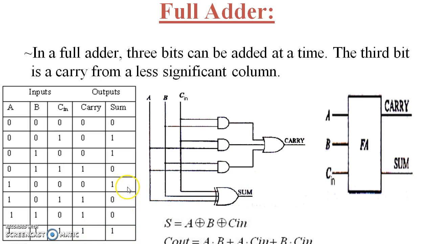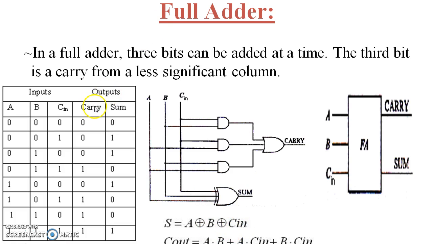Okay, so from these truth tables, if we put these output combinations with these inputs in a different format, for sum, if we put A, B, C in with the sum output in a Karnaugh map, we will get A XOR B XOR C in.